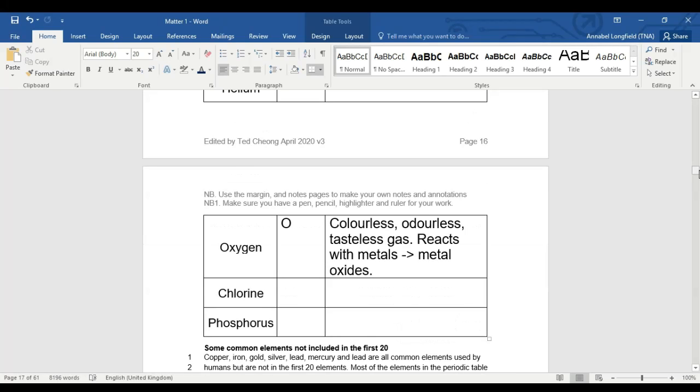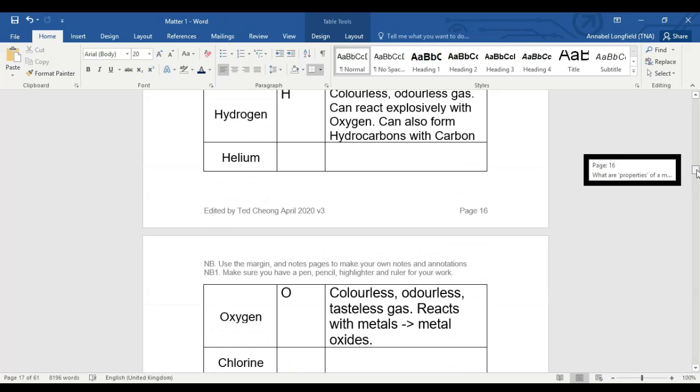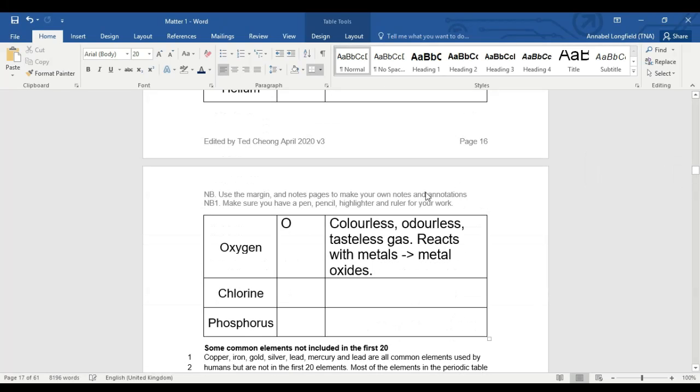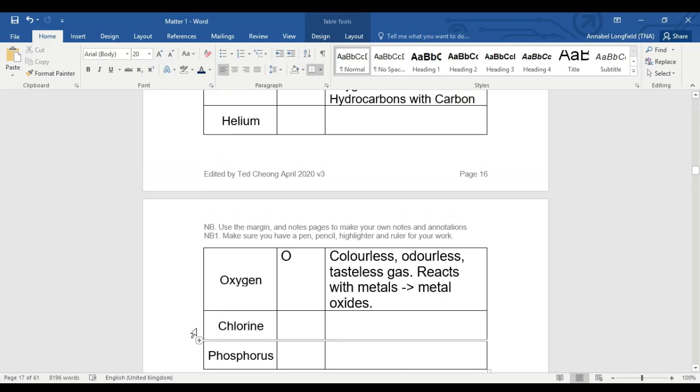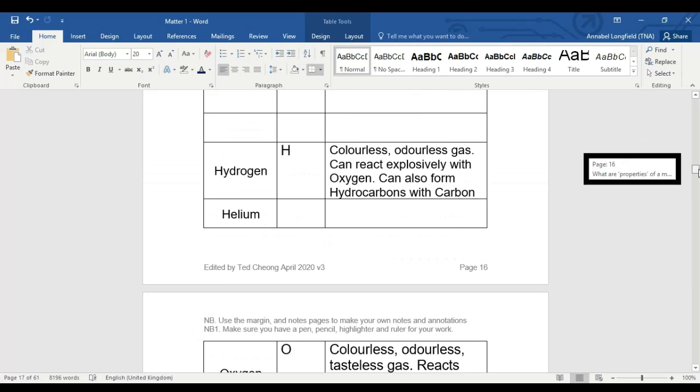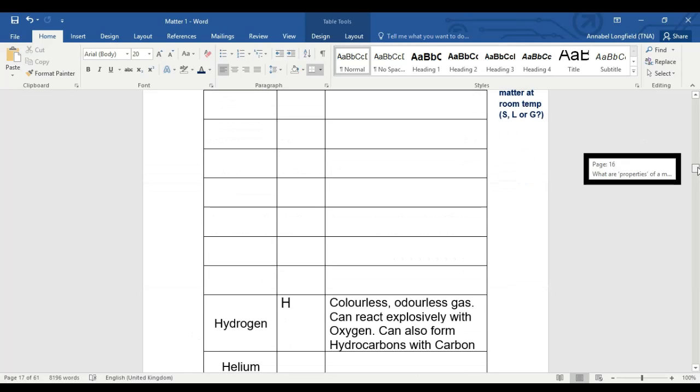So for the rest of the table, what you need to be doing is looking online, so on Google or wherever else you can have a look, to try and then fill in the rest of this table with these specific elements. So you need helium, chlorine, phosphorus. But then you can also decide which elements to do here.